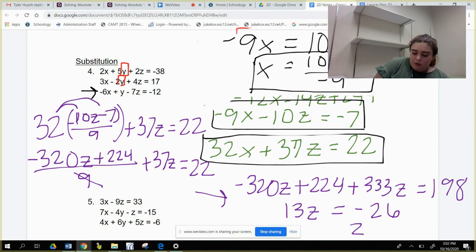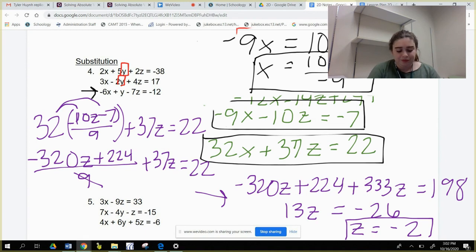So z is going to equal negative 2. All right, so a little bit of work to get there, but we got there, right? Z equals negative 2. Now, what did we do on the last problem with elimination once we had one solution? All we did was plug that solution into some equations and found the other ones, right?